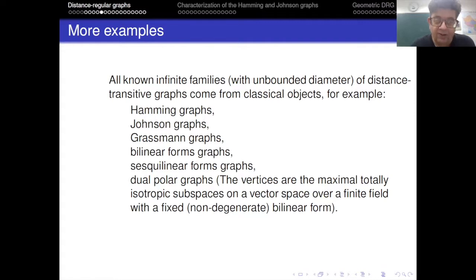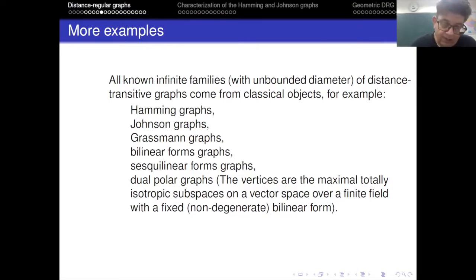So what you do instead of the sets, you look at the t-dimensional subspaces of an n-dimensional space over a finite field, say GF(q). And then you join two of those spaces if their intersection is maximal, if the dimension of the intersection is t minus 1.